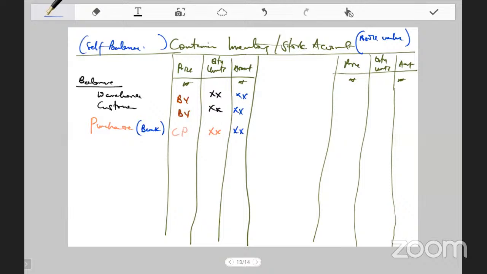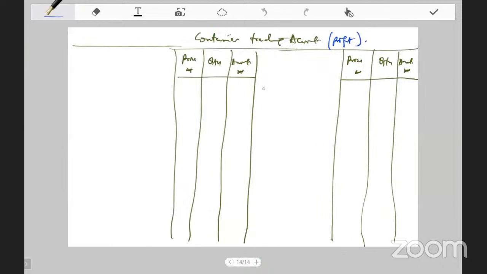Now, once you are doing this, the information will now have to flow. The information of the customer, and I want you to be very, very careful, please, is that whatever is given to the customer that has not been returned will be accounted for here, and such amount will also be accounted for as a double entry in the container trading account.